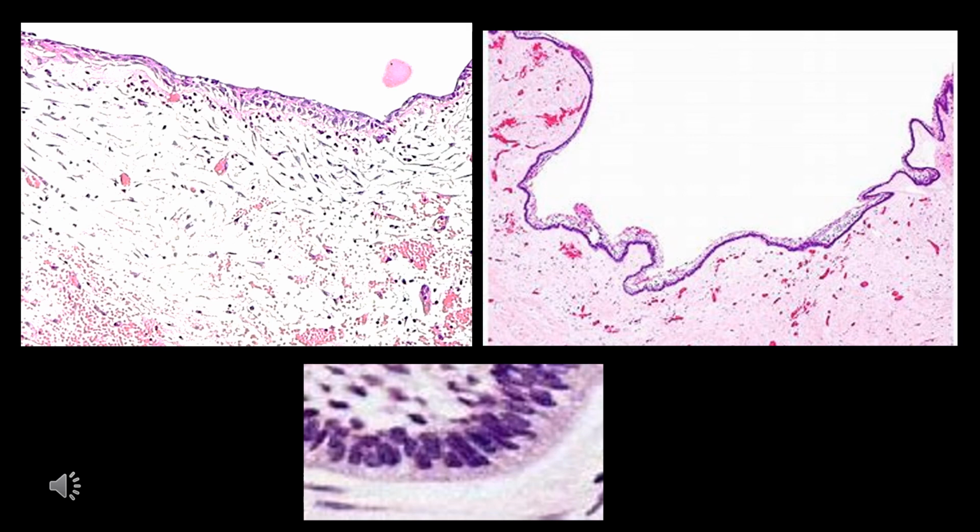A reversal of polarity is seen, that is the nucleus is pushed away from the basement membrane, and a hyperchromatic nucleus can be seen, and below the nucleus there is subnuclear vacuolization. If these 4 criteria are seen, then we have to term that as an ameloblastoma, that is a unicystic ameloblastoma. If these criteria are not there, then we can term it as a dentigerous cyst.